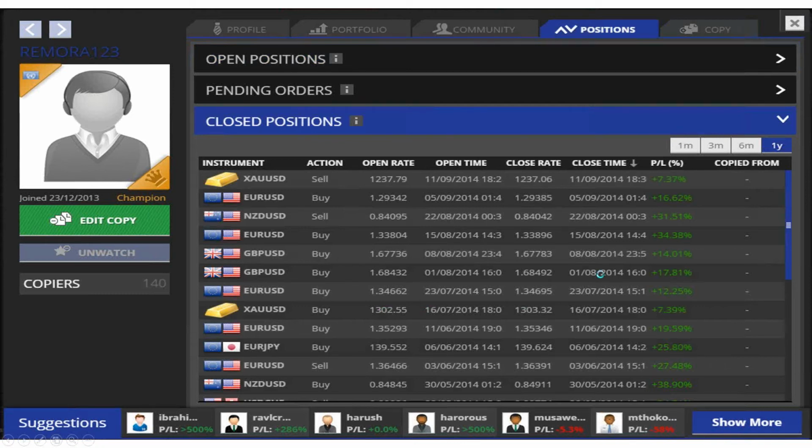Maybe I'll flip down to 1 month like I did, take it up to 6 months, take a look at what he trades in 6 months, and then I would be looking for another trader that maybe had indices. Then by doing this, if my currency trader, if Remora makes a big error on the euro dollar, a big error on gold, maybe my indices trader or my commodities trader would pull me back into alignment.